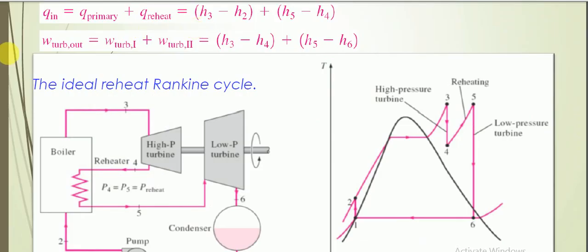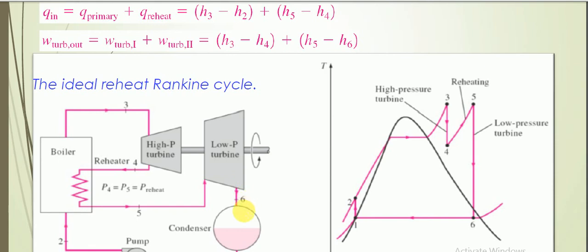So you can see here what is happening. First of all, from the boiler, the steam will go into the high pressure turbine. Then it expands from 3 to 4. Then it gets reheated again. After getting reheated, it is passed through a low pressure turbine.